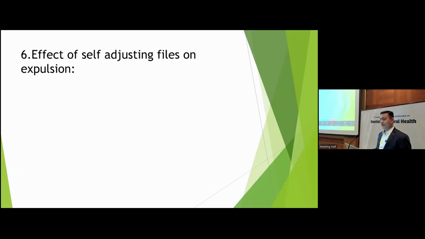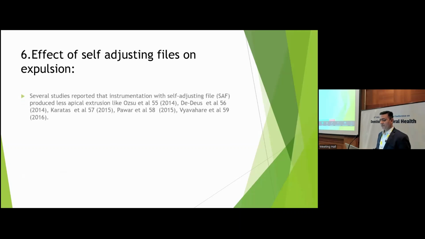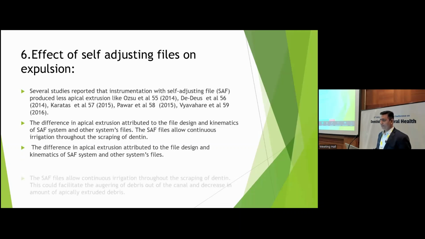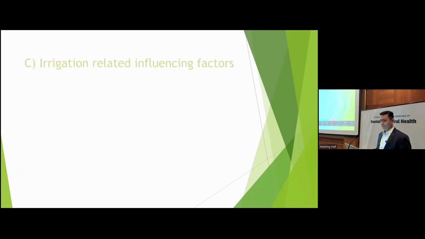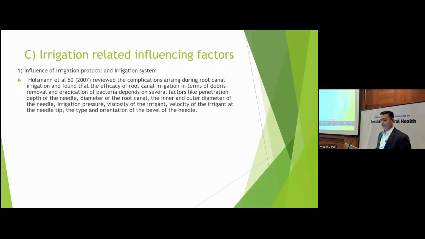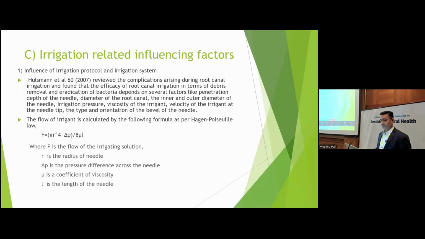The effect of the self-adjusting file on expulsion: it shows less extrusion because of the simultaneous instrumentation as well as irrigation. Irrigation affects the influencing factors, like irrigation protocol and irrigation system, as given by Halsman.